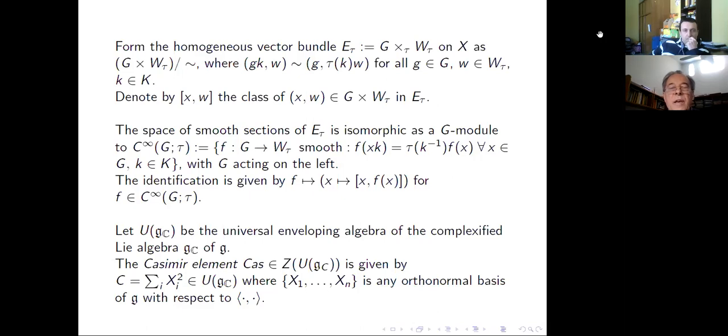So there is a natural identification. Now we look at the universal enveloping algebra U(g_C) of the complexified Lie algebra of G, and the Casimir element has a standard formula: C is the sum of X_i squared, where the X_i form an orthonormal basis of g with respect to the given inner product.